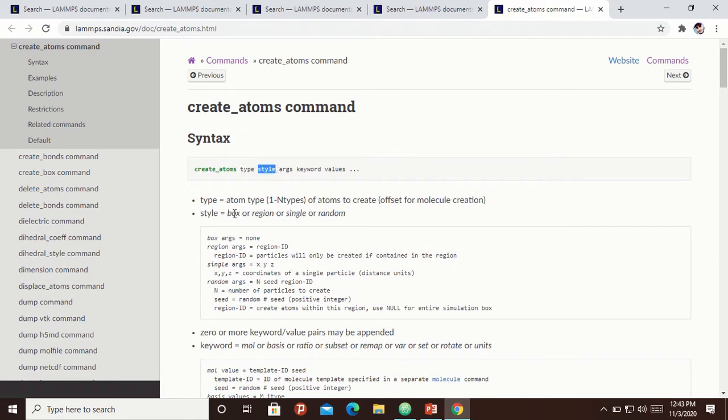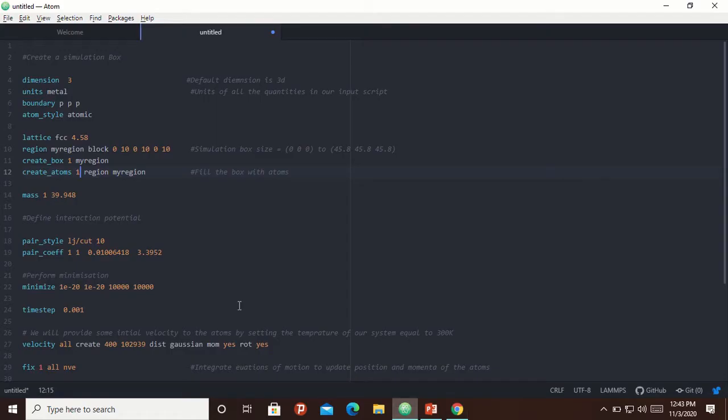Okay, and this is followed by the style. So what is the style? Either box, region, single, or random. I am using the region, and after that I will give the id of my region. The name of the region id is my region actually here.